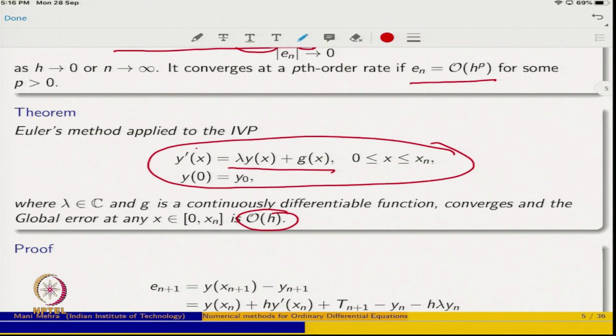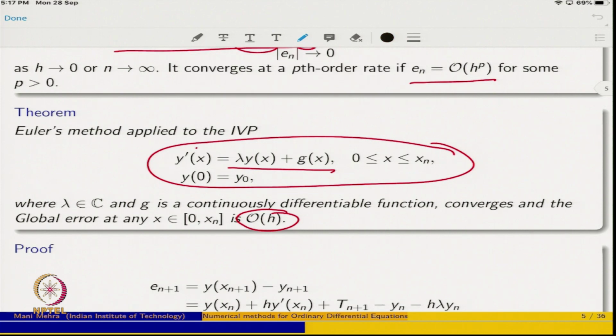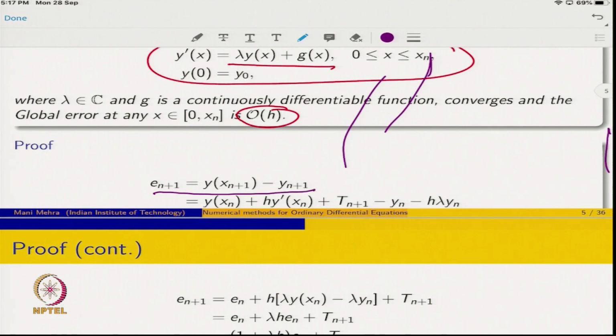The proof goes in the following manner. In the proof we define E n plus 1 as y at xn plus 1 minus y n plus 1.